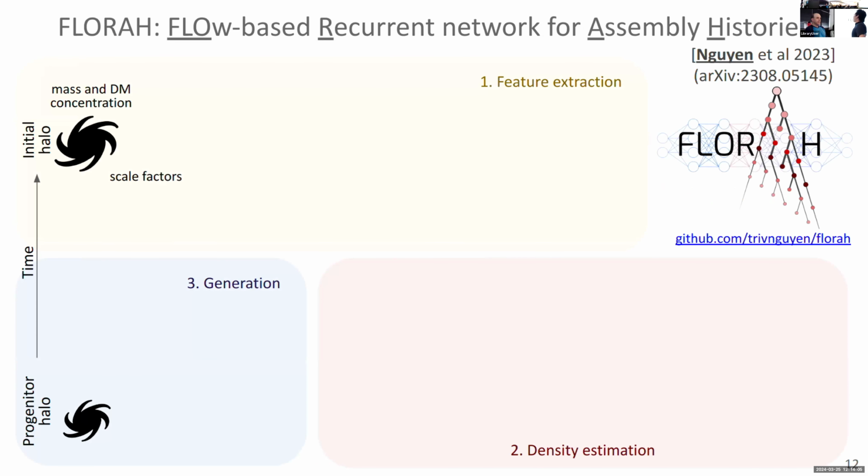So we arrive at FLORAH, which stands for flow-based recurrent neural network for assembly histories. Let's say that you have an initial halo with some kind of properties. Here we're using the mass and the dark matter concentration, and you want to predict the properties of some kind of progenitor halos. So this is at one time step.